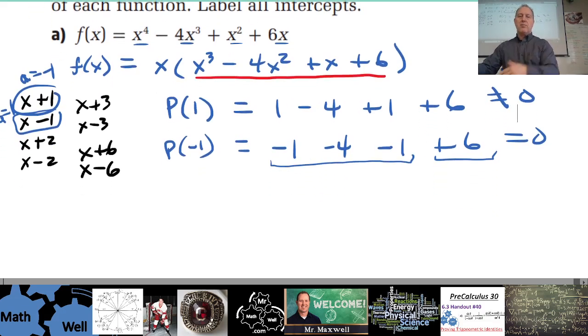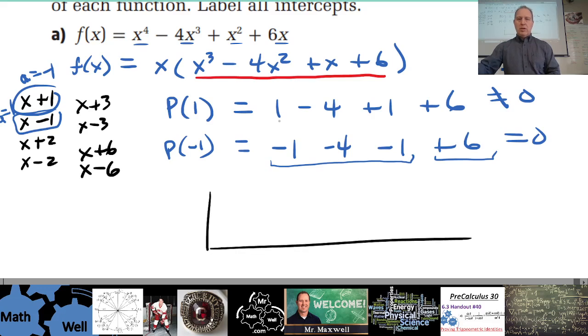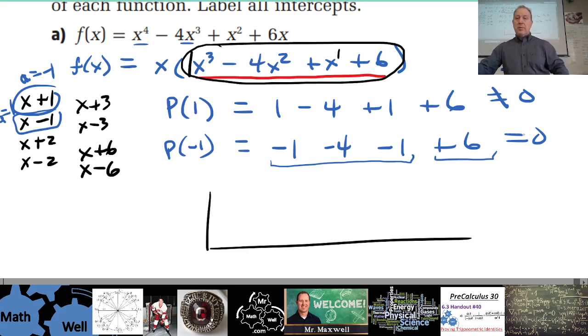So let's practice synthetic division, which I'm going to use to factor this polynomial. I want to make sure that I have coefficients for each term in decreasing order of x. So that's x cubed, x squared, x to the 1, and then the constant. So I'm going to put this value, negative 1, on the side of my little elongated L there.